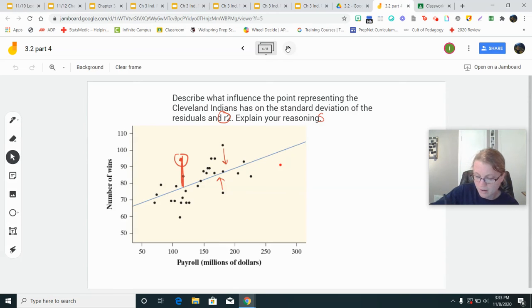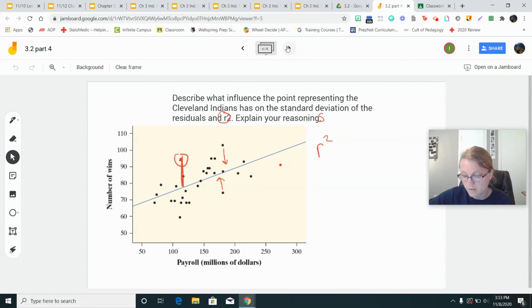Since it's disconnected, it's going to affect the strength of the relationship, which is R, and when you square that number, R squared is going to be affected. So Cleveland is a large residual.